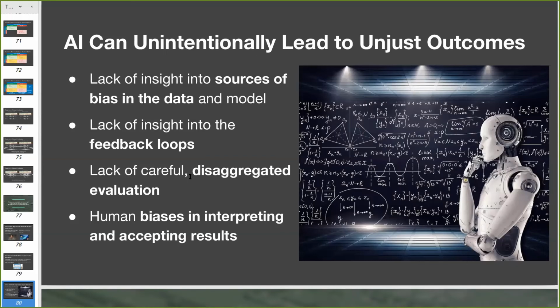That lack of insight into the data could hurt the model performance and could lead to unwanted outcomes. Lack of insight into feedback loops, lack of careful disaggregated evaluation, human biases in interpreting and accepting results: these all could lead to some unjust outcomes from the trained models.